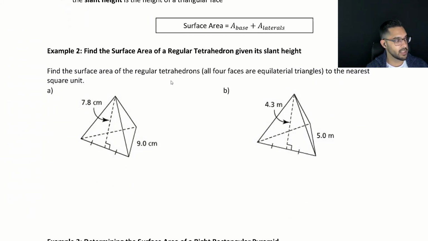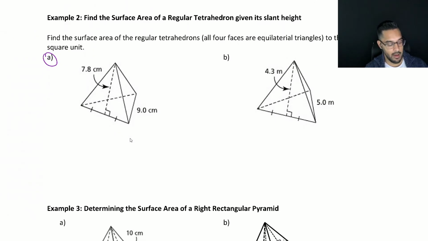So if we find the surface area of these regular tetrahedrons, 4 sides, right? Tetra meaning 4. All 4 of these faces are equilateral triangles, so there's not a set formula for this because we can build it. The surface area really is the area of the faces. If they're 4 identical triangles, just remember that it's base times height over 2, but since there's 4 of them, we'll multiply by 4.